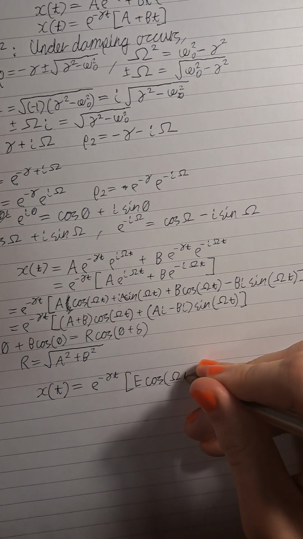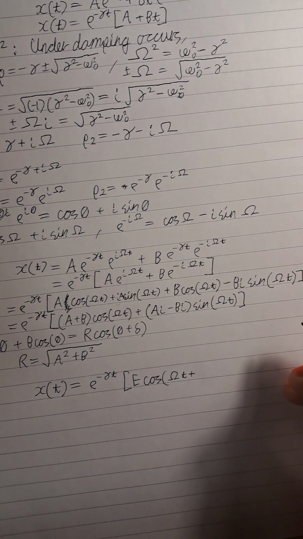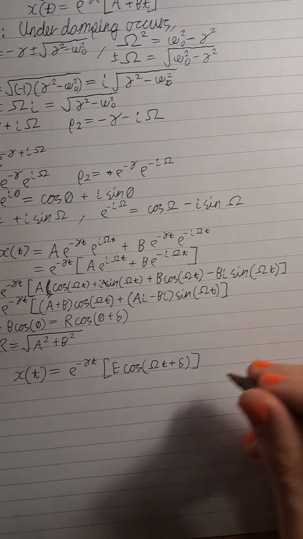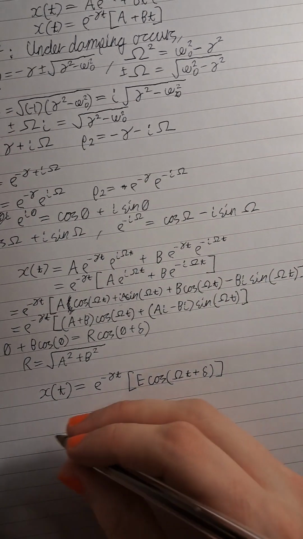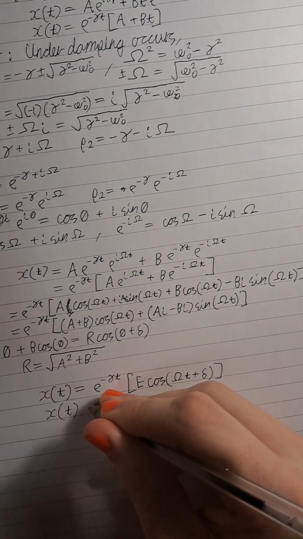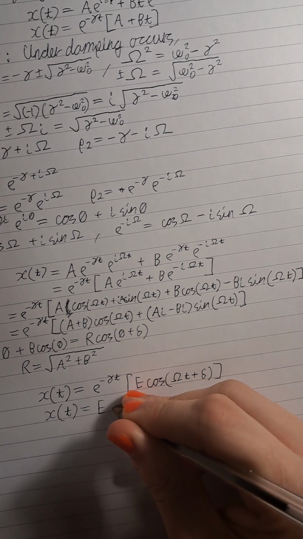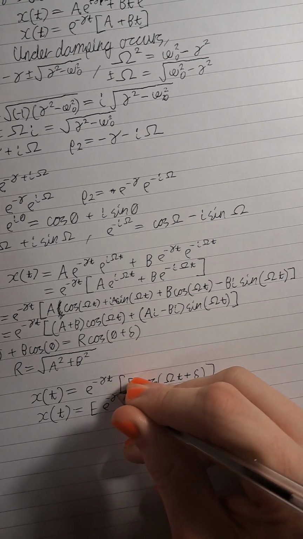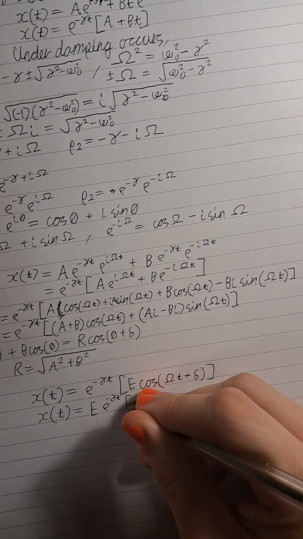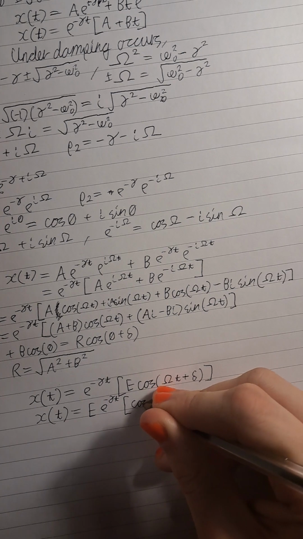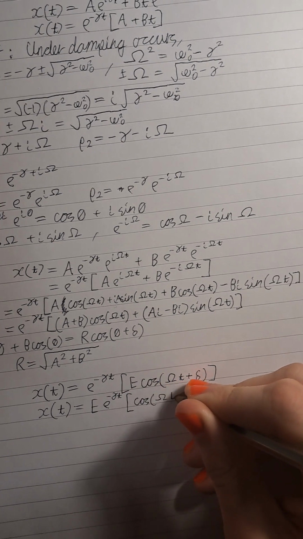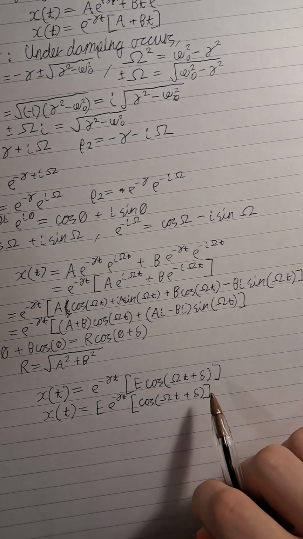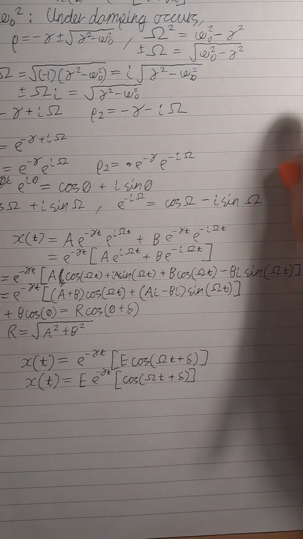So we're going to have omega t, and then we're going to add delta to that. And then this also means we've got a constant E here that we can take out. So our final equation is going to be capital E, then e to the minus gamma t, and then inside these brackets we're going to have cosine omega t add delta. Right, that's pretty much it.